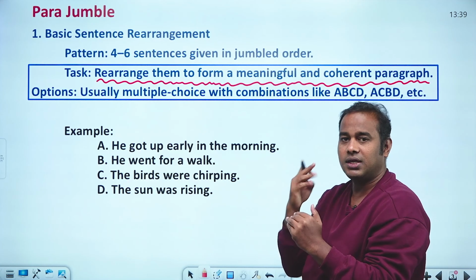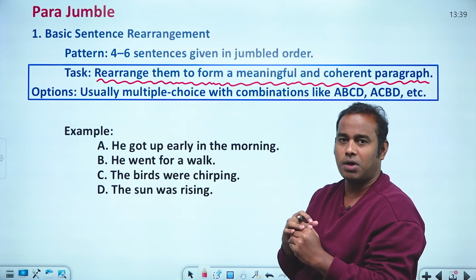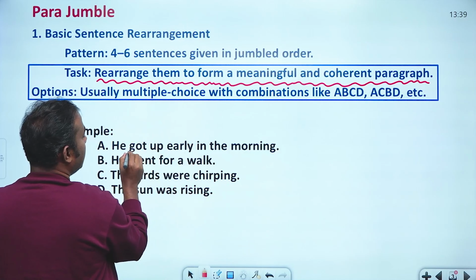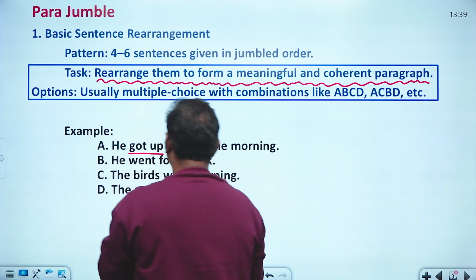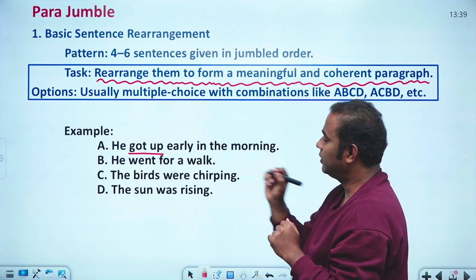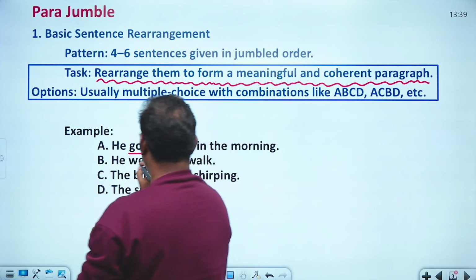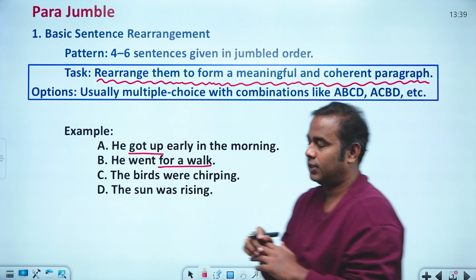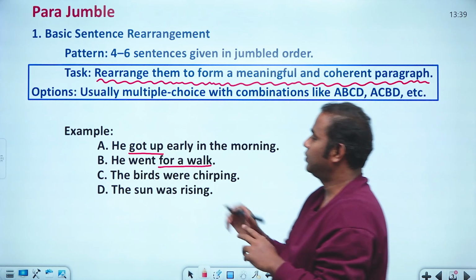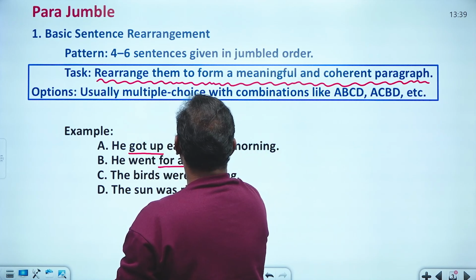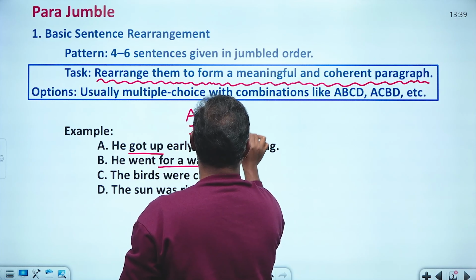But if you think properly, he got up early in the morning, and only when he got up could he go for a walk. So A is the first event, and then only you can go for B.